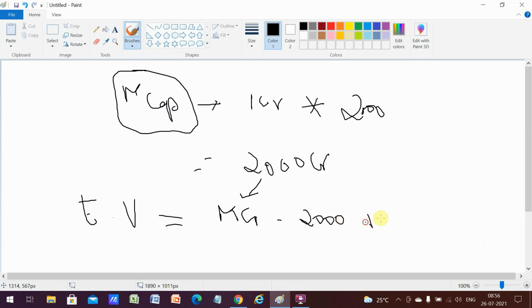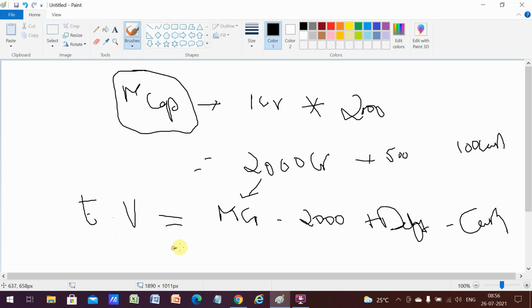You then consider the debt the company has minus the cash. Let's say it has 500 crores of debt, and in their bank account they have 100 crores of cash.